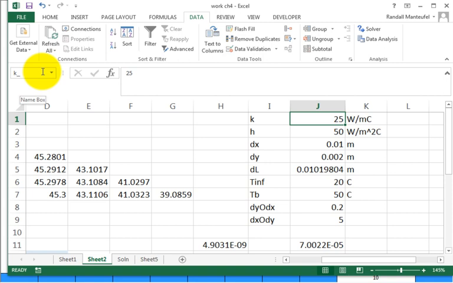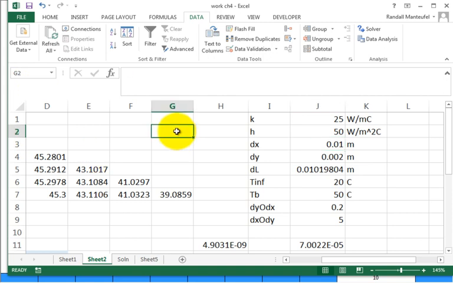I don't have to type or click J1 as a cell to grab the value out of it. I just say K underscore, and it knows, oh, that's over in cell J1. It makes the equations a little more readable. This is a value of H, but it's also named right here, H underscore.